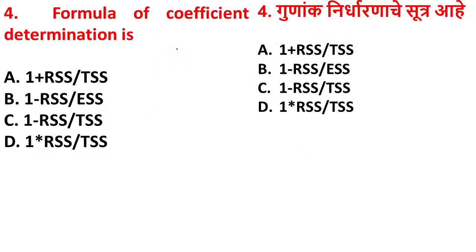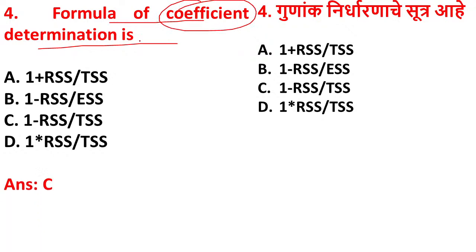The next question is: formula of the coefficient of determination is: option A, 1 plus RSS divided by TSS; option B, 1 minus RSS divided by ESS; option C, 1 minus RSS divided by TSS; option D, 1 into RSS divided by TSS. The correct answer is option C, 1 minus RSS divided by TSS.